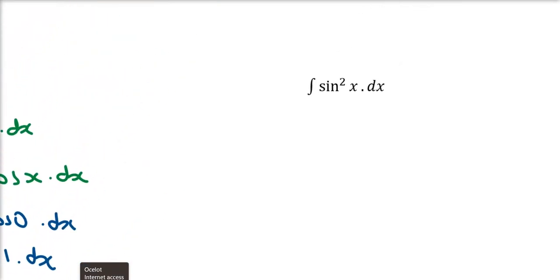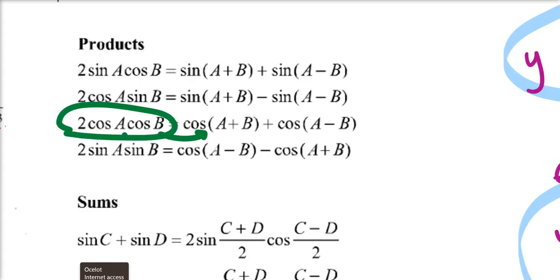And so that one there is just the same thing. We turn that into sine x. We can use that product to sum rule, and sine is sine. So that's that one there. So it's going to be cos of x minus x, which is 0, minus the cos of 2x.